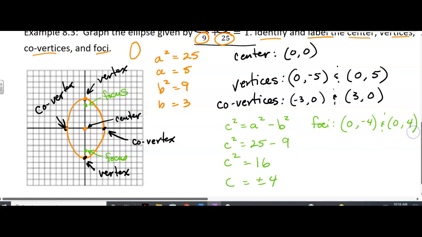You might be asking, could I just use the plus or minus like they do in the book? Yeah, I don't care about that. I just write them separately out of habit, I think. Okay, so we've identified and labeled everything, kind of messy. We drew the graph. So I'm interested in you being able to draw the graph and be able to identify these things. Okay?